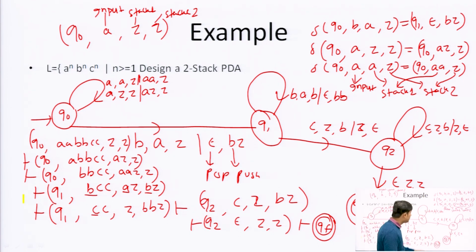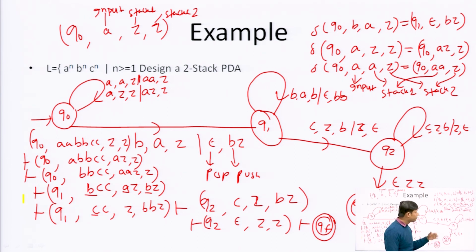Then we will get C, with the B's already pushed into stack 2. So when we get input C in Q1, stack 1 top is Z, because it is already empty, and stack 2 top is B. So you make it no operation on stack 1 and pop operation on stack 2.